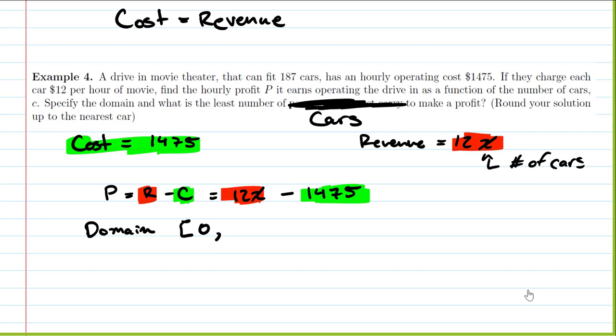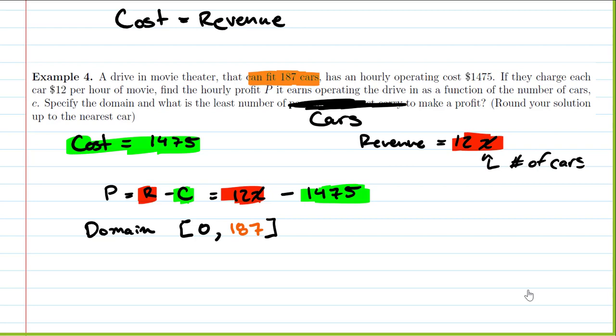So that would be 0. And then the last part is, well, what's the maximum that they can fit? 187. So that's going to be the largest value in the domain. So their domain consists of anywhere from 0 to 187 cars.